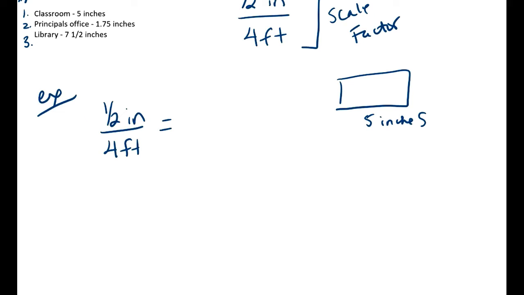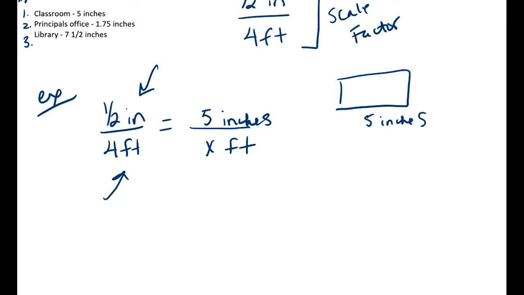So for us in this scale drawing, inches is on top and feet is down below. So that means when I set up my equal proportion, inches better be on top, which is what we know. And then what we're looking for, which is the actual feet of this classroom in the real building, needs to go on the bottom. So the order of your scale factor doesn't matter.